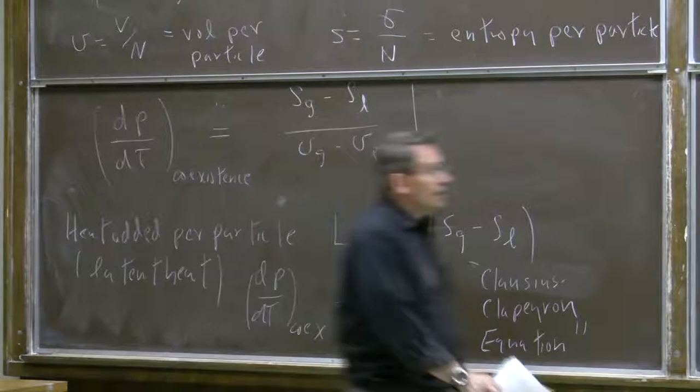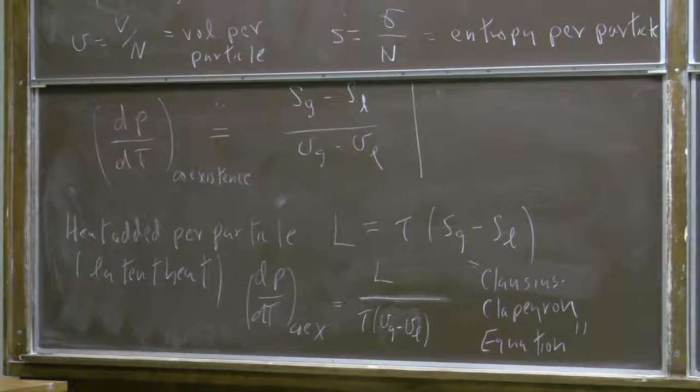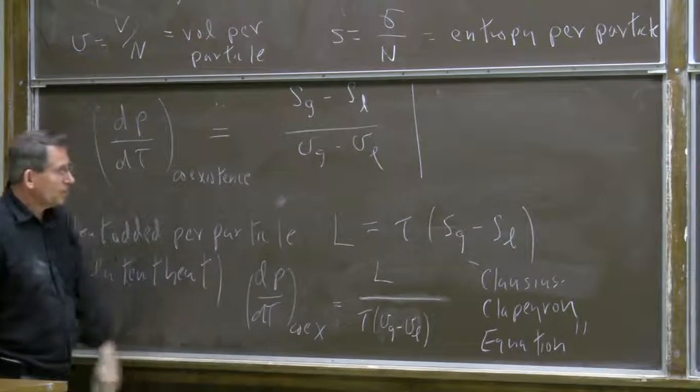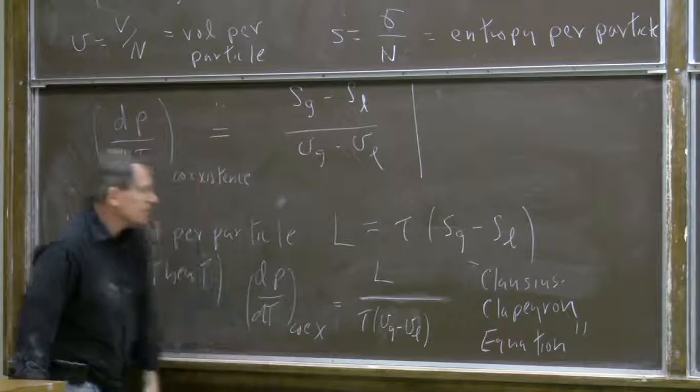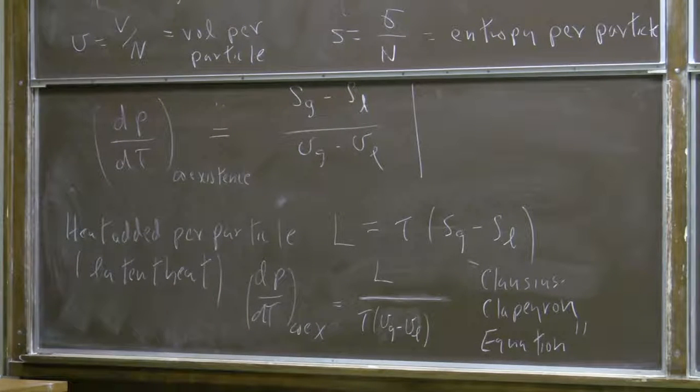No matter what phase transition I'm talking about between, say, gas and liquid, and the exact way the pressure varies as a function of temperature will depend on those details, we can relate the slope of the coexistence curve, which is experimentally observable, to these other experimentally observable quantities, essentially the difference in density between the gas and the liquid that coexist with one another, which determines the volume per particle, and the latent heat, the amount of heat I have to add to boil the liquid to turn it into a gas. And it's well satisfied when compared to experimental data.